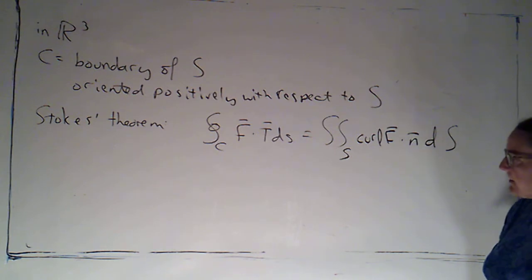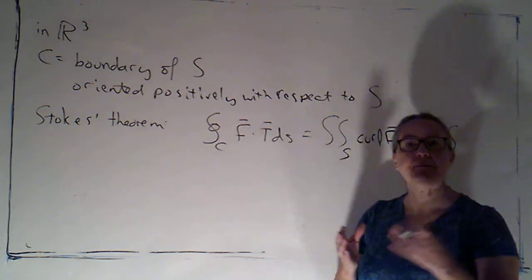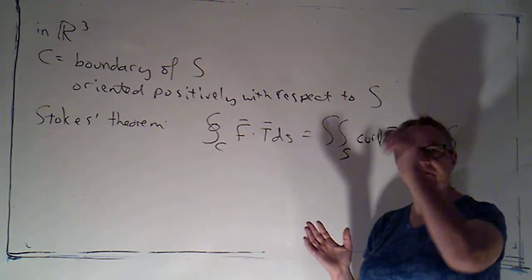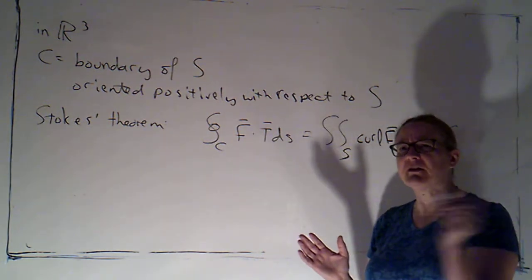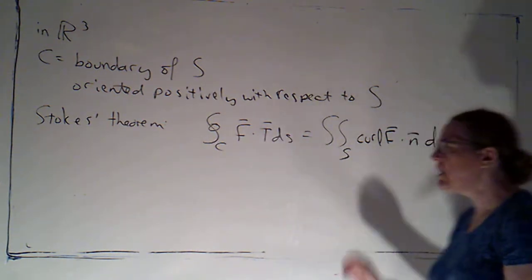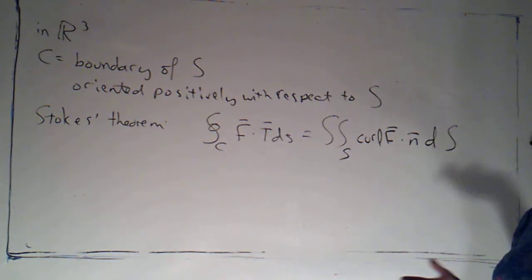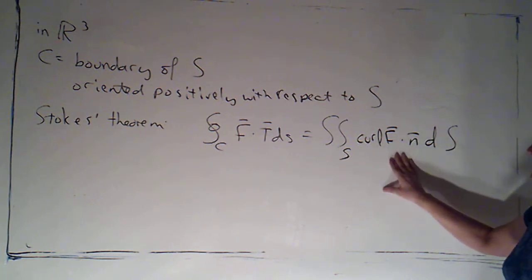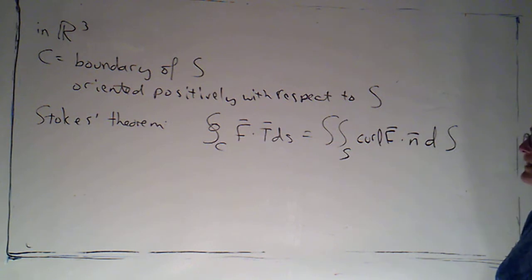Now, that's particularly useful if C happens to be piecewise smooth. So, for example, if C was the boundary of a triangular region, well, it's going to have 3 different boundaries. That would be 3 line integrals I'd have to do, or I could just integrate over that triangular region. Okay. So that can be fairly useful if I have that.